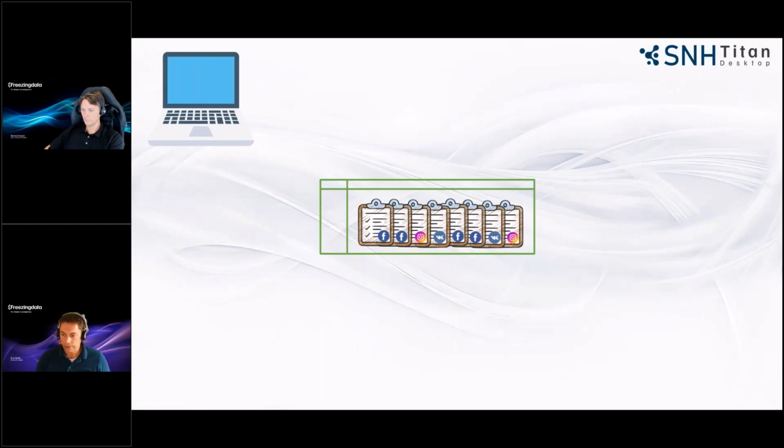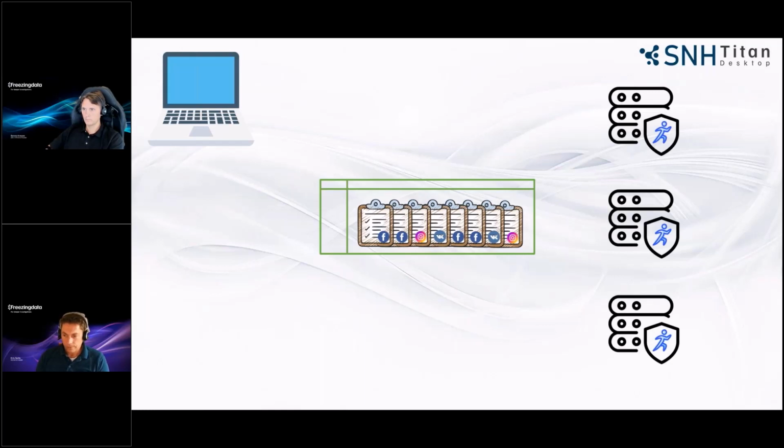We have 3 runners in the Desktop Plus version. In the normal desktop version, we only have 1 runner, but here we would like to show you this with 3 runners so that it gets a little bit more clear what happens. You see we have put all your tasks in a list, like a task list, like a to-do list or whatever. And this is a to-do list for the SNH Titan Desktop.